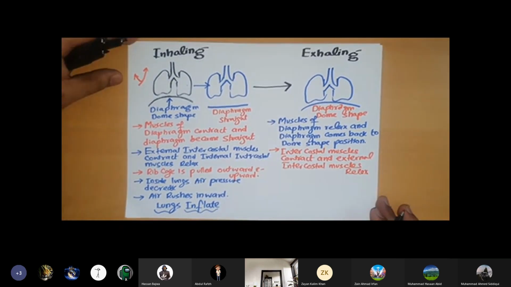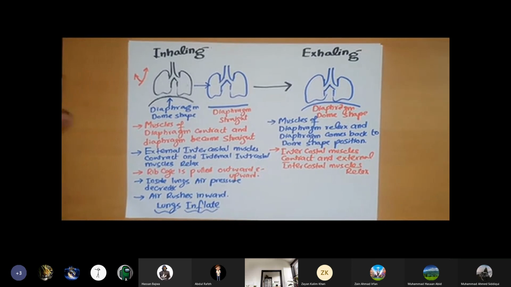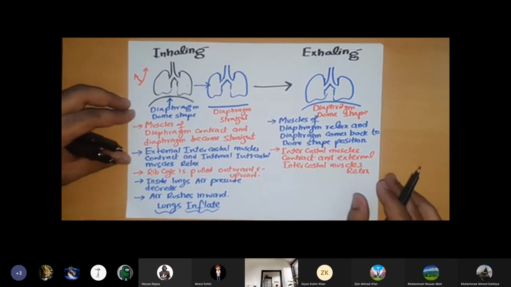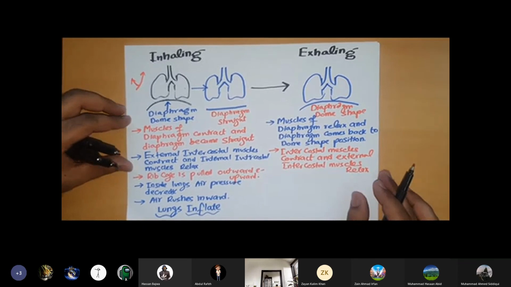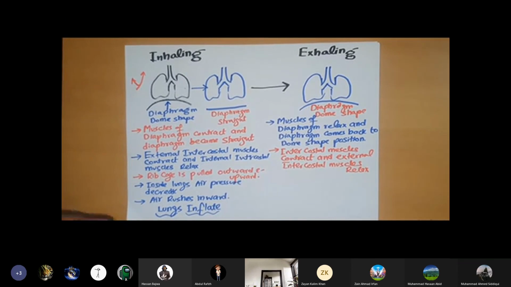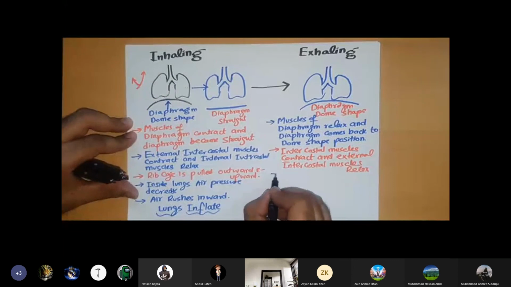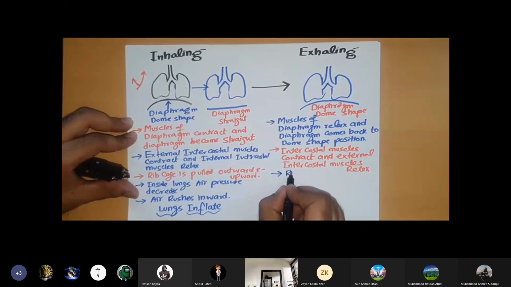According to the rule, when one muscle contracts, the other one relaxes. So in this case, the rib cage will be pulled downward and inward.